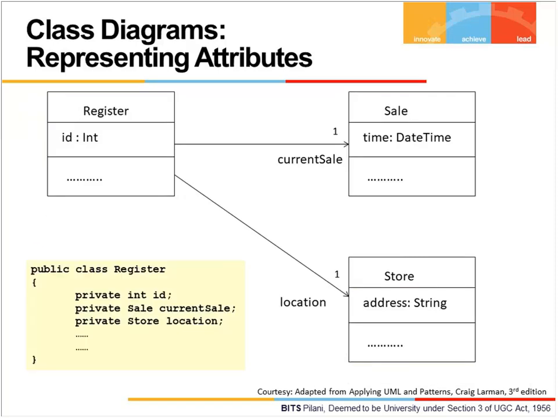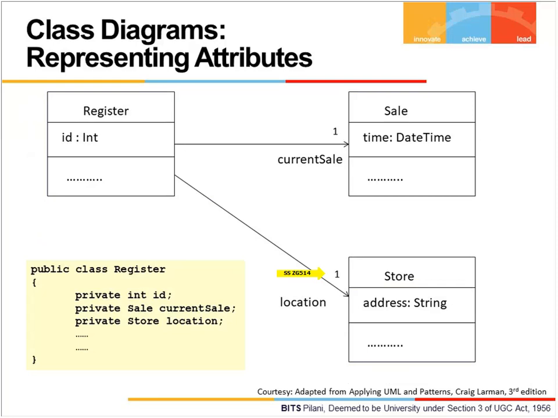Okay, I'll take up the next one. So let's take this example. In this, if you see, my register class has one object of sale which is named as current sale, and it has a multiplicity of 1, right? Again, it also has an attribute association with another class store, wherein again the multiplicity is 1, right?